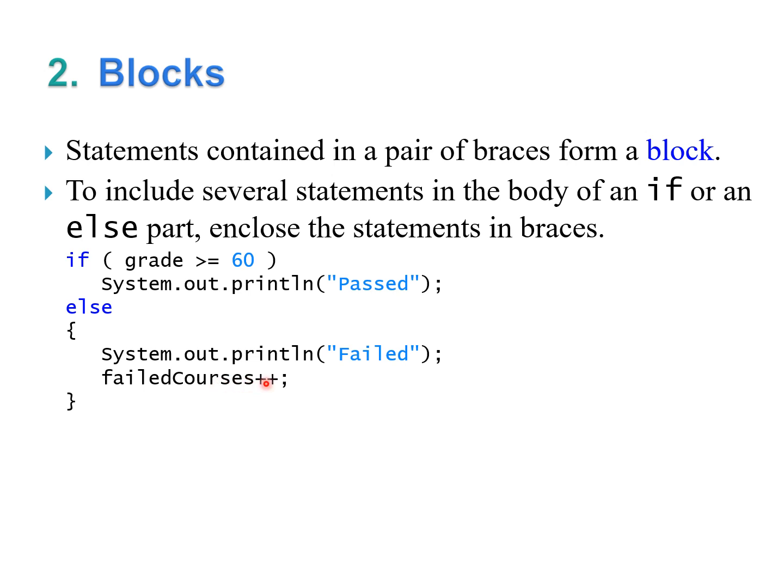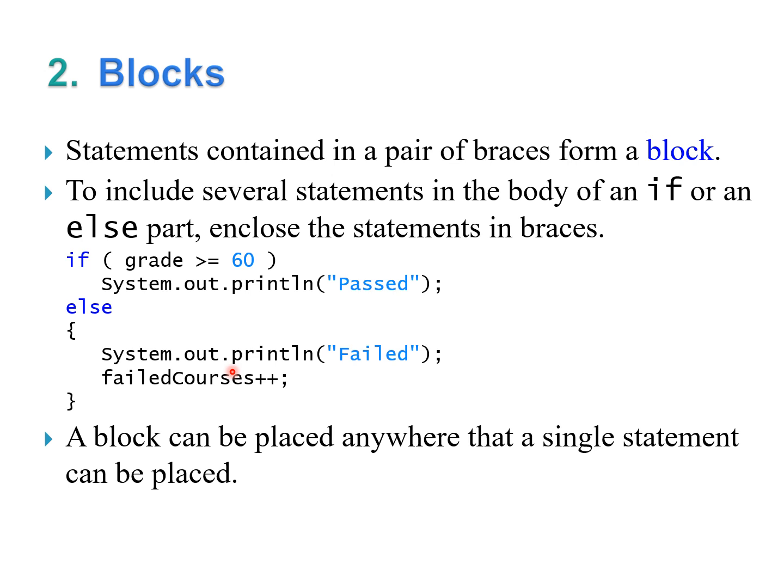So when the condition in the if part is false, that is when grade is less than 60, then both of these statements in the block will execute. In general, a block can be placed anywhere that a single statement can be placed. For example, the body statement of an if or an else or a loop, etc.